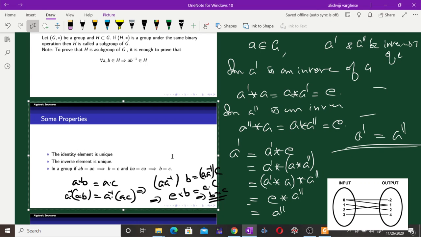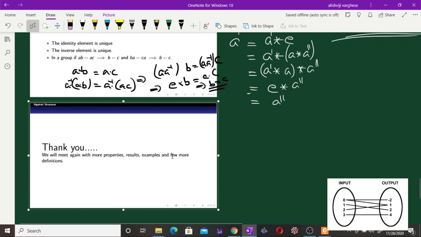Okay, those are three important properties of a group.